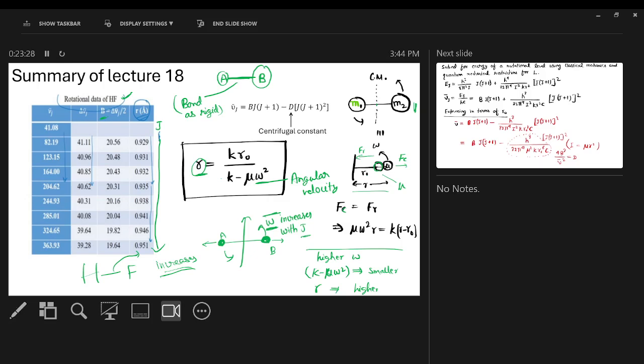We saw that omega depends on J, that is, with increasing J, omega increases. As a result, R increases.